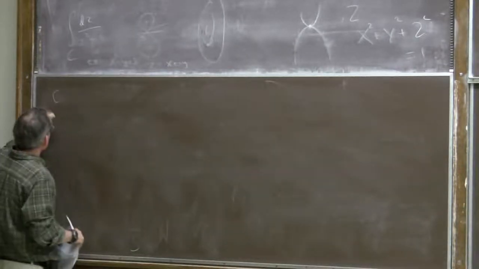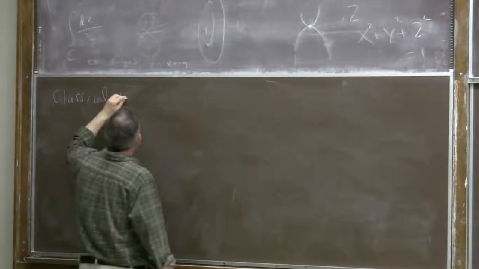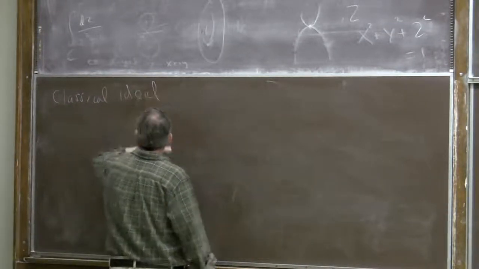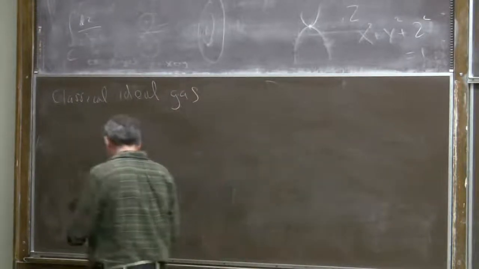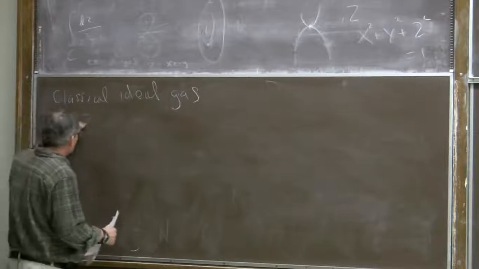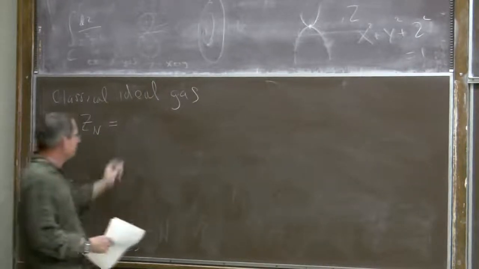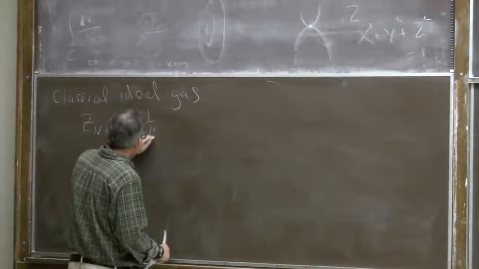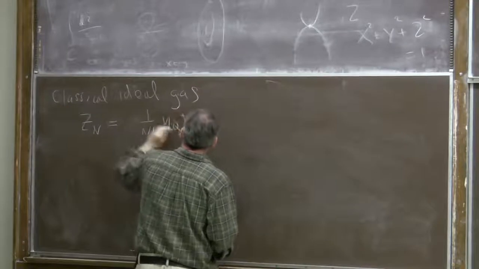Now remember, for the classical ideal gas, the ideal gas in the classical, low-density regime, we computed the partition function for an N-particle gas as 1 over N factorial times (the quantum concentration times the volume) to the Nth power.